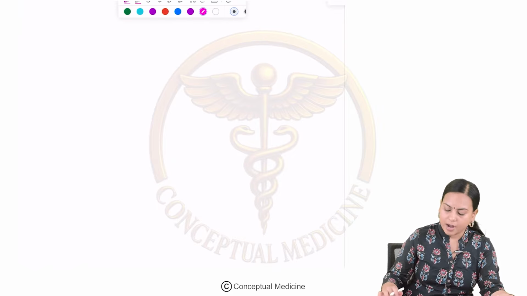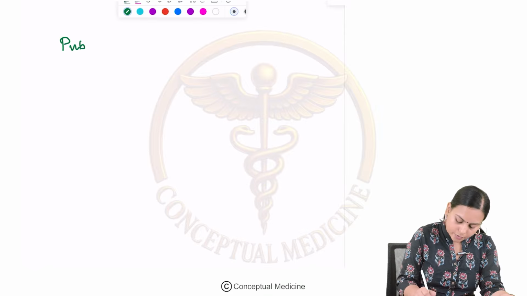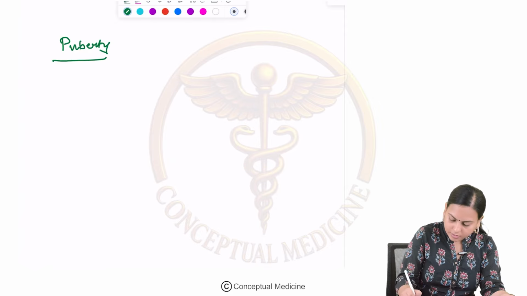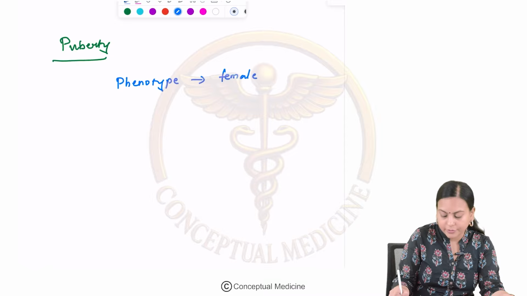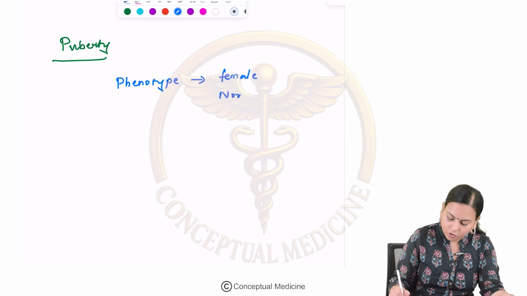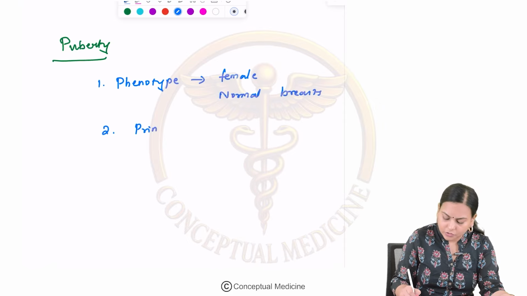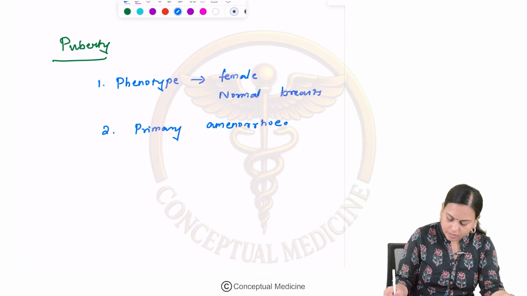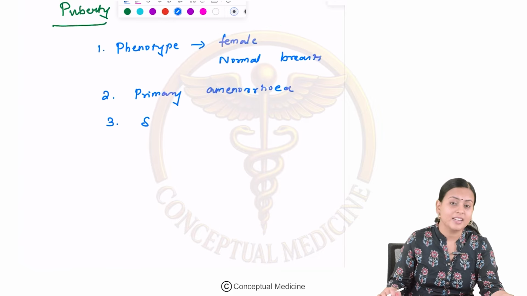Clear? And what happens during puberty in these cases? So, during puberty, the phenotype is going to be, yes, very good, female with normal breast development. Then they will be presenting to you with primary amenorrhea. Testosterone action is hindered by the receptor defect.